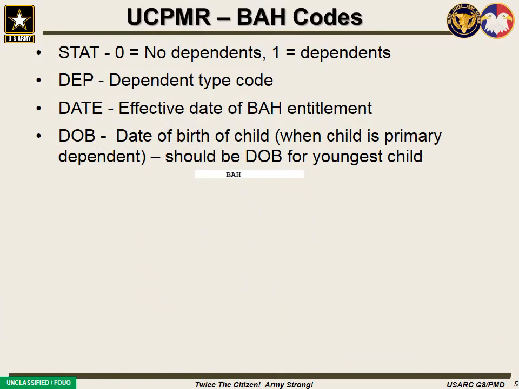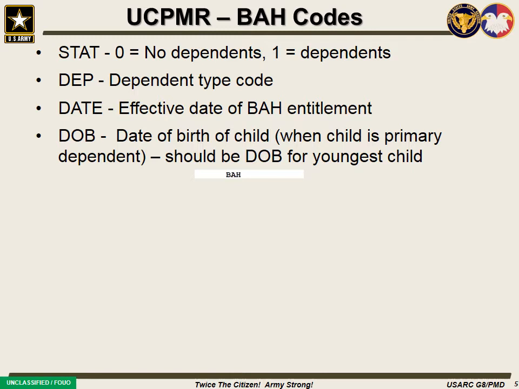This is BAH status and dependent information from Section 1 of the UCPMR. See the USAR PAM 37-1 Appendix I for BAH codes. You must review the UCPMR to ensure each soldier has the correct dependent information for BAH.